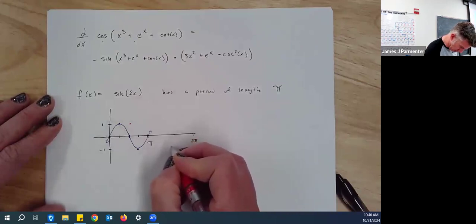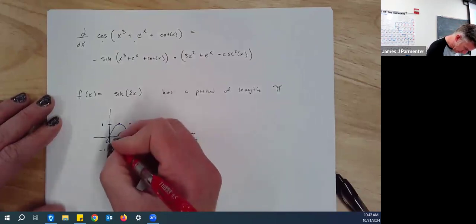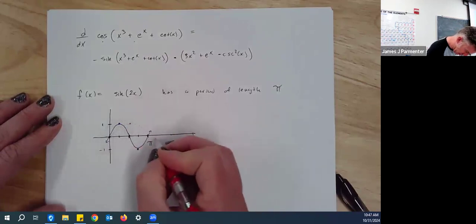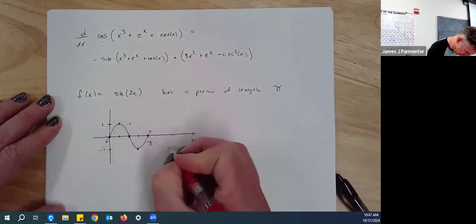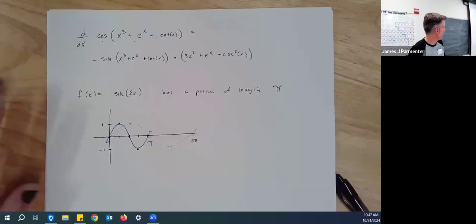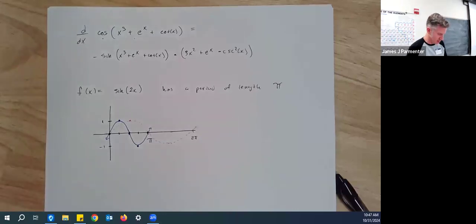Might have gone a little too far there. Oh, well, such is life. Here's regular sine of x. Not the best I've ever drawn it. Okay, here's what I really want to point out with regular sine versus sine of 2x.